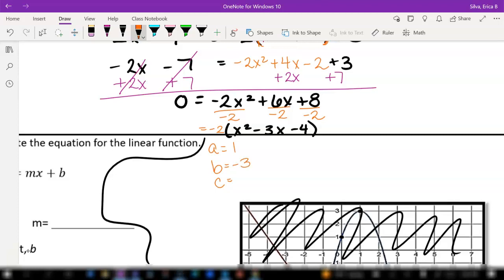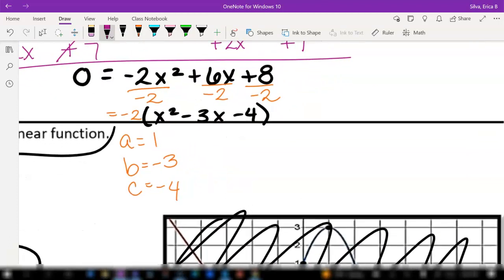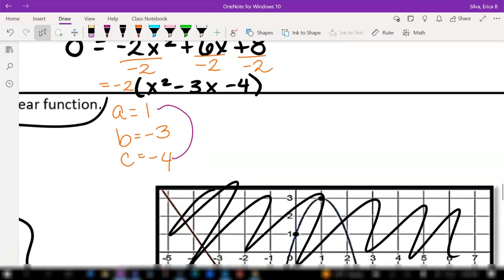Negative 3 and the C is negative 4. What are we going to multiply? A and C. If you're doing quadratic formula, you'll end up with the same answer. So do whatever you feel most comfortable with. So we get negative 4, and then what number goes on the bottom? Negative 3.